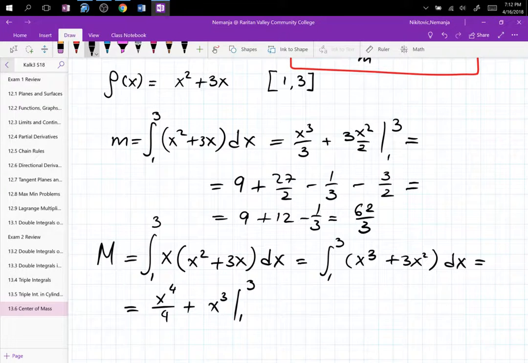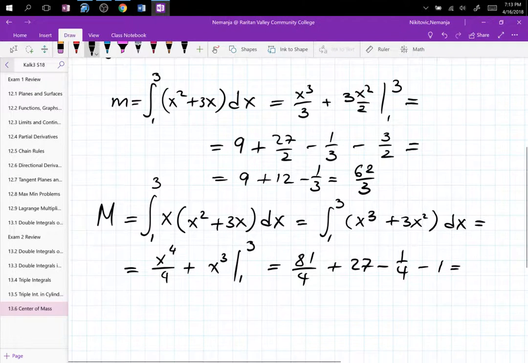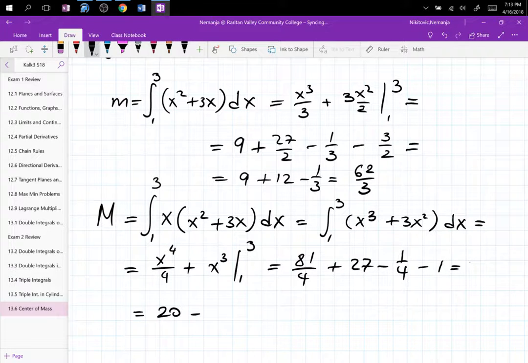Now when you plug in, this is 81 over 4 plus 27 minus 1/4 and then minus 1. So 81 minus 1 over 4 is 80 over 4, which is 20, plus 26, right? So 46 for everything.